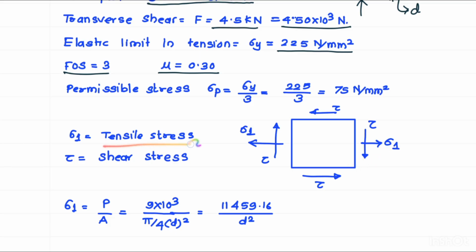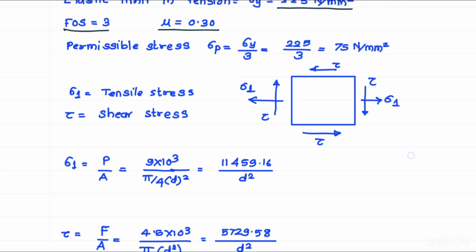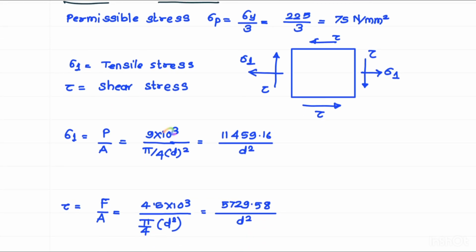So you have sigma 1 as the tensile stress and tau as the shear stress. Sigma 1 is calculated as P divided by the area, that is the force in this direction divided by this particular area, where area is nothing but pi d square by 4.